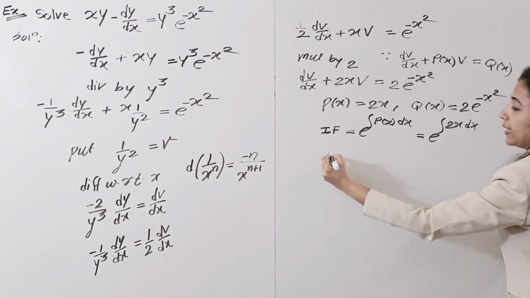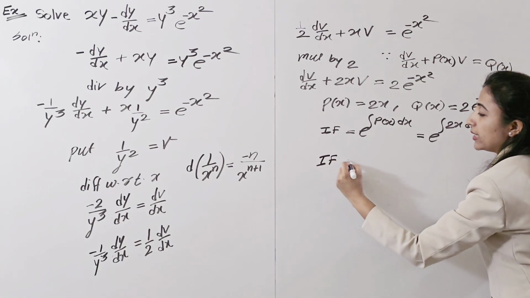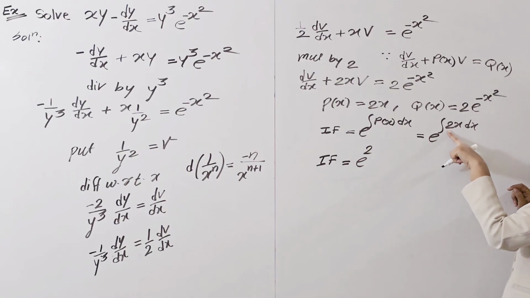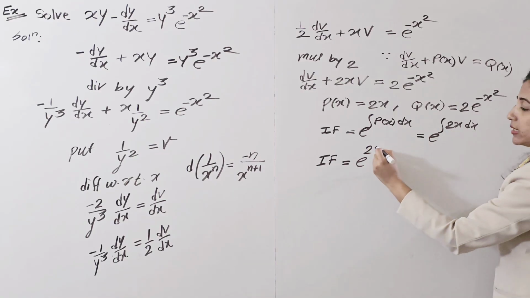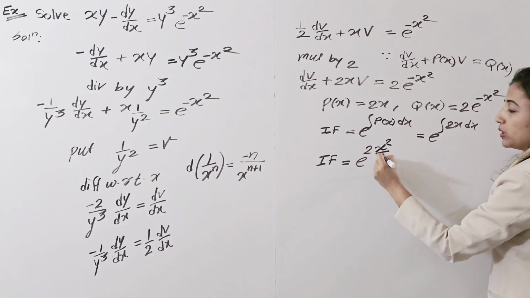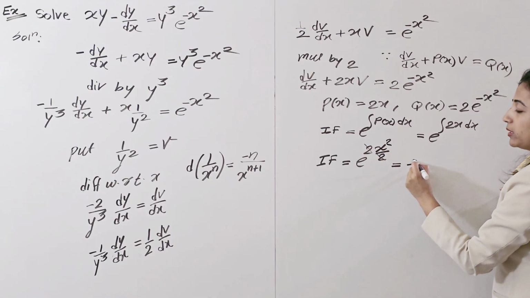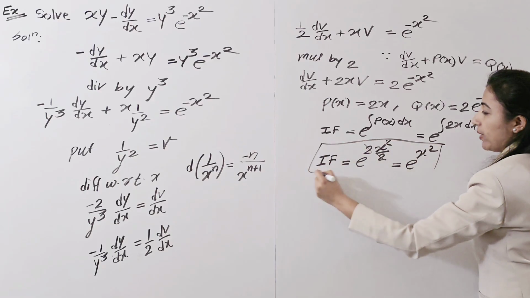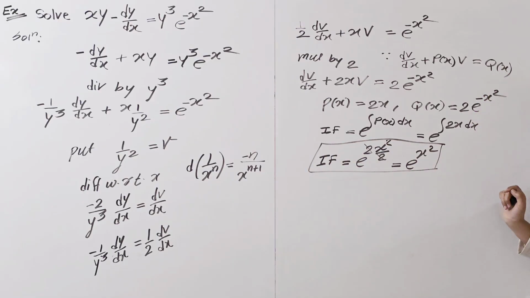So the integrating factor is e, the 2 is a constant and is taken outside the integration, and the integration of x is x square by 2. So the 2 cancels out, and it becomes simply x square. Hence this is the integrating factor for this differential equation.